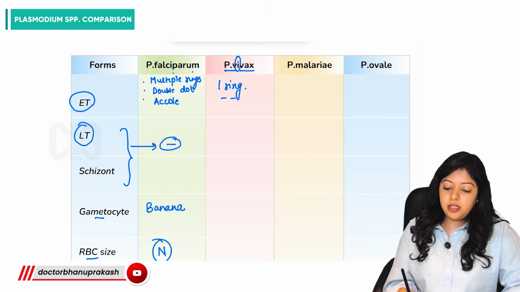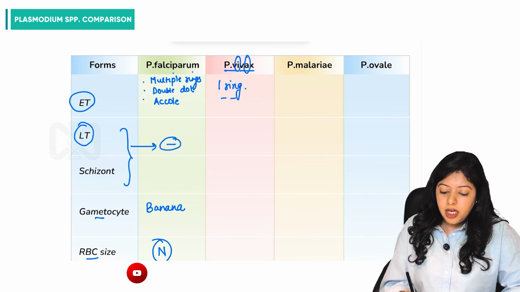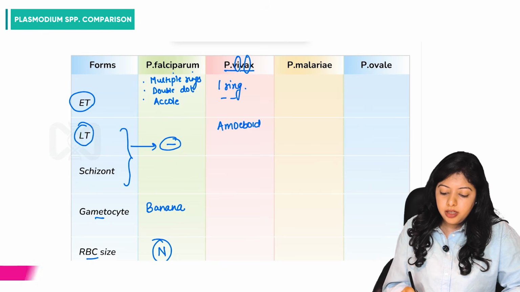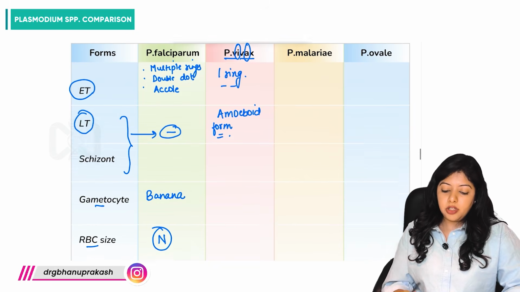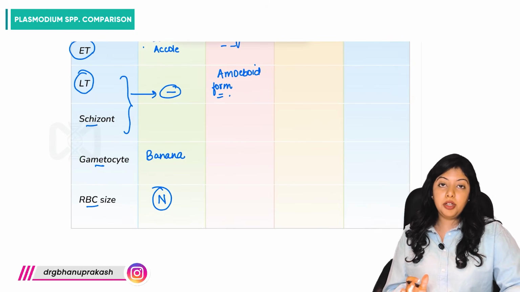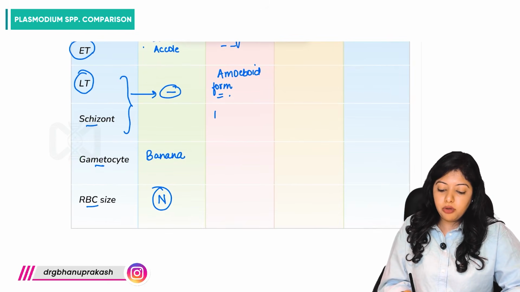For Plasmodium vivax, early trophozoite will have one ring. Late trophozoite is going to have an amoeboid form. Schizont is going to be bigger in size and will have around 12 to 24 merozoites.